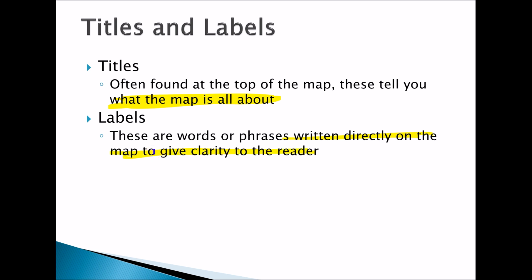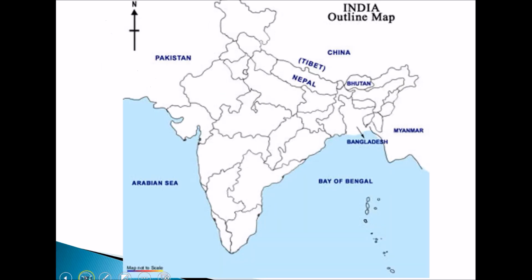So basically, their job is to tell you what something on the map is, whether it's a symbol or a set of lines, and what it is really looking like. So let's take a look at an example here on this next page. We have a map here of India, and we know it's India for a very simple reason: our title.